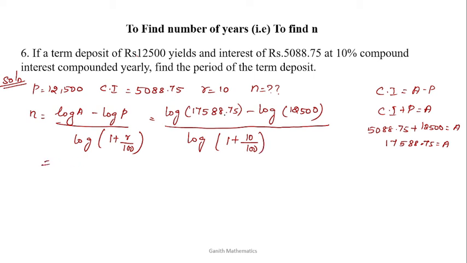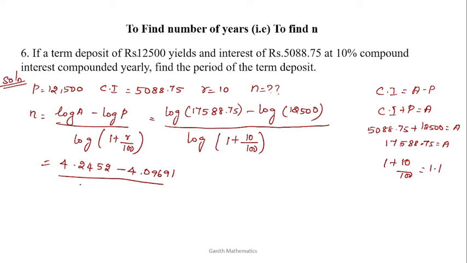So log of 17588.75 is 4.2452, minus 4.09691, divided by log of 1 plus 10 divided by 100. If you take the LCM, it will be 100 plus 10, so it is 1.1.